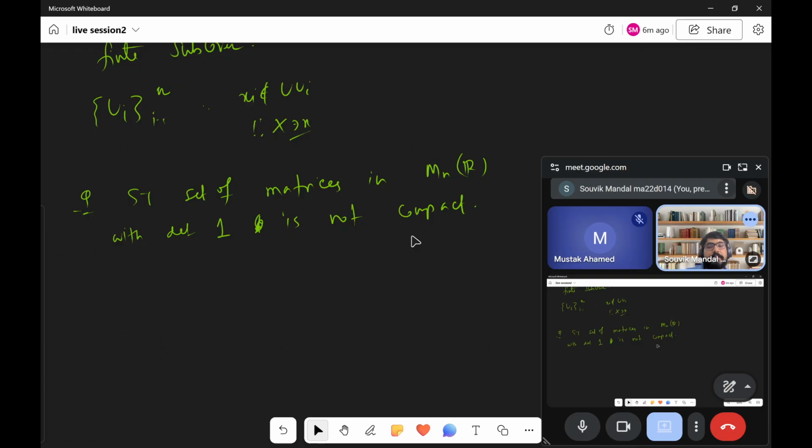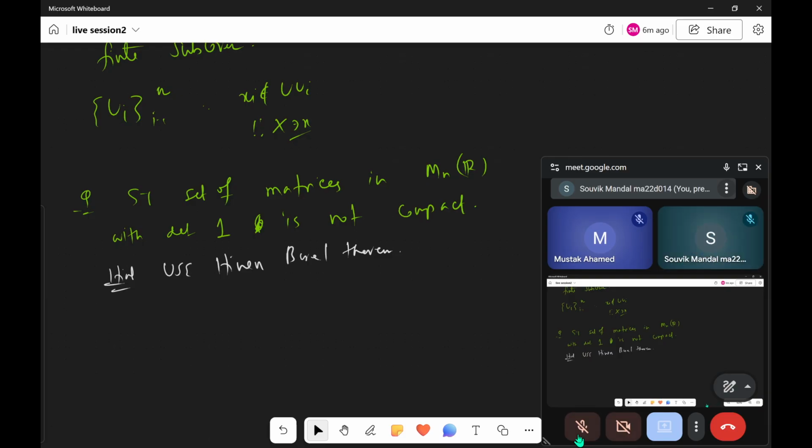Okay, so basically here you have to use the fact that the hint is to use the Heine-Borel theorem. Okay, so please think, take your time, let me know. That means compact if you are closed and bounded, so you have to check whether it's closed or whether it is not bounded. So either one of them does not hold. That is the argument. So please do think, take your time.